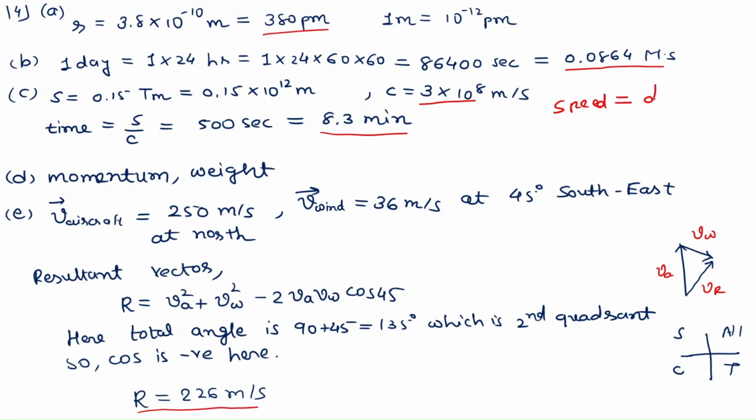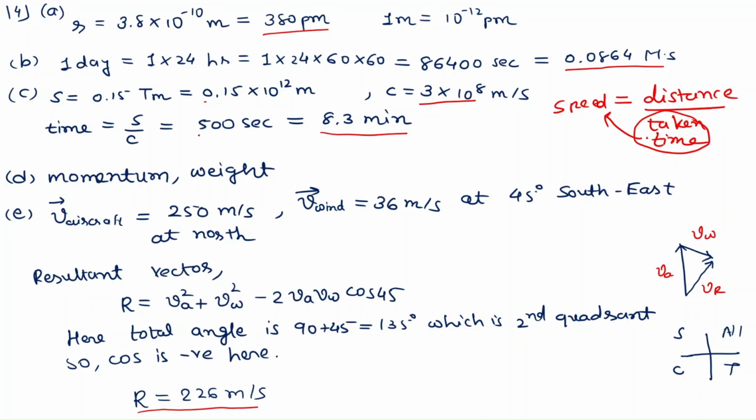Speed is equal to distance over time taken. So here we have to find the time. Make it the subject and we have the formula: time equals distance over speed, this over this.